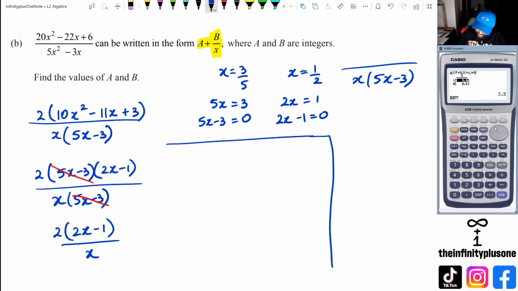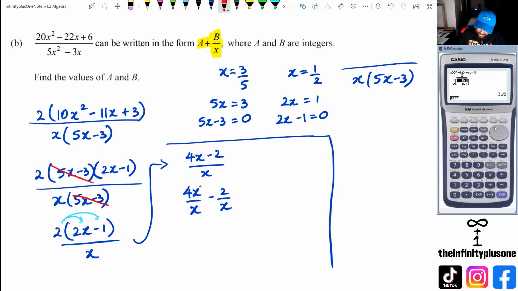I'm going to try and fit the answers in here, but what I'm going to do is expand the brackets. When I say expanding, I'm doing this, and what I'm going to get is 2 times 2x, which is 4x, minus 2, over x. Now, x is a common denominator, so I'm going to separate the denominators. I'm going to write 4x over x minus 2 over x.